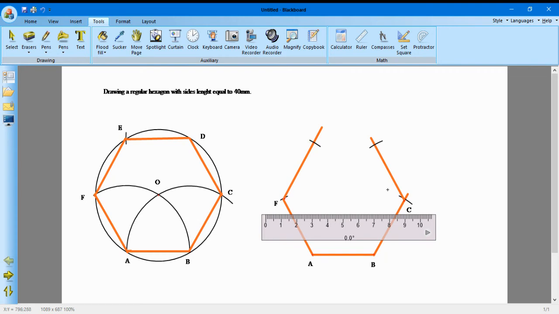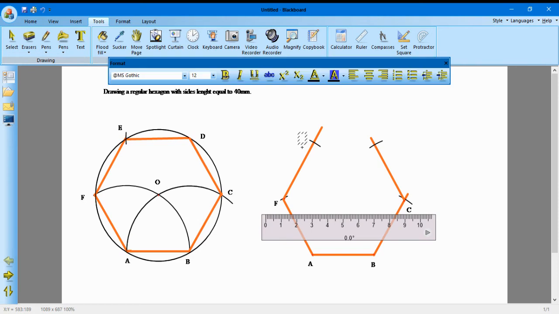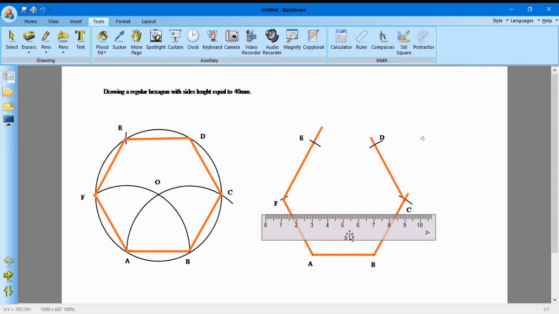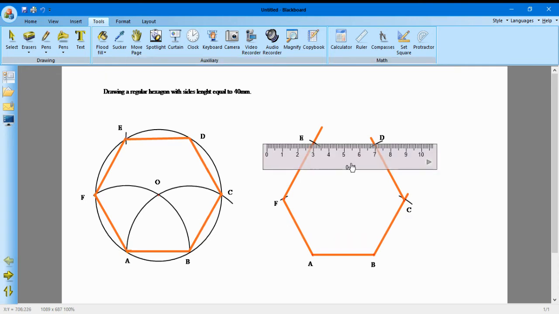Right? So what do you think will be the letter for these two arcs that I just strike? Okay, I will call this point E, and I will call this point D. Right? Now, last thing for me to do is joining D and E together.